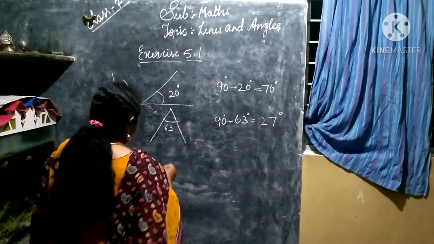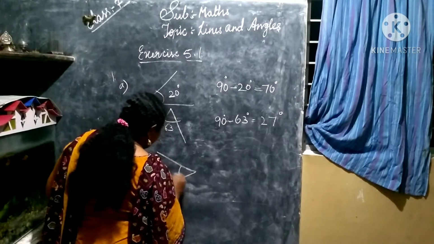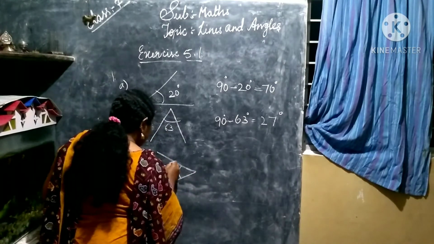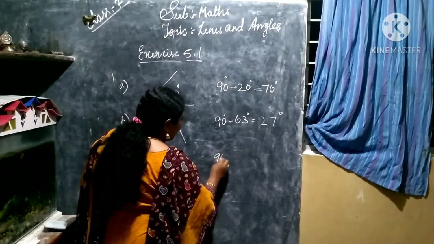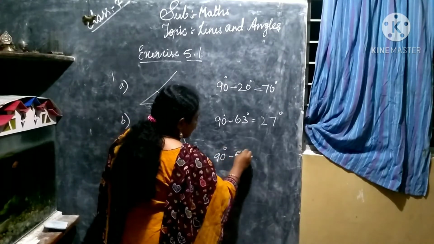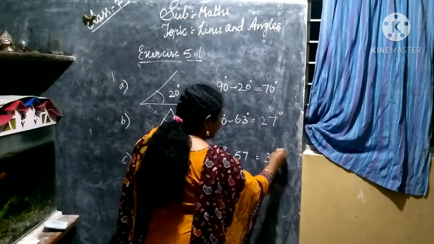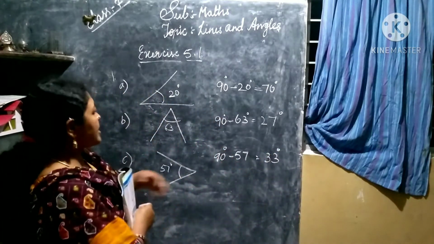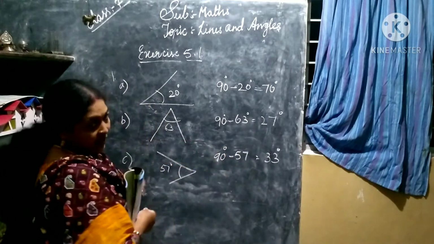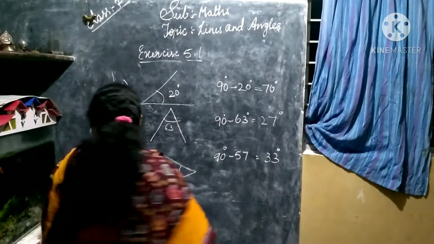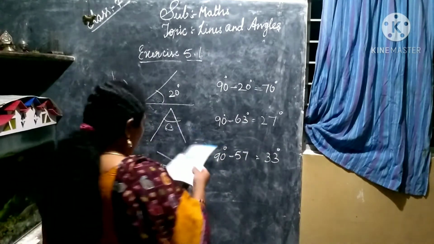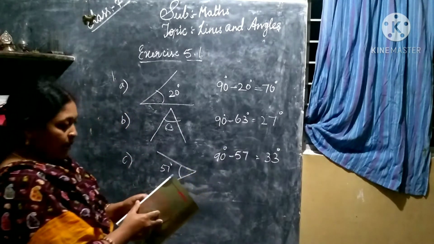C is given as 57 degrees. Therefore, 90 minus 57, you will get 33 degrees. Okay, so these are the complements of the given angles. Now, similarly, you can do the second one, I hope.